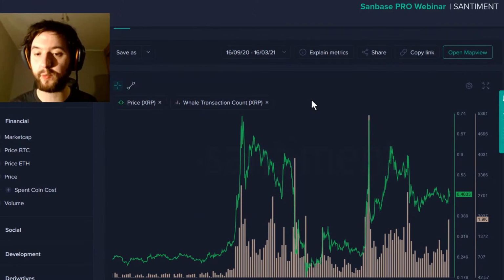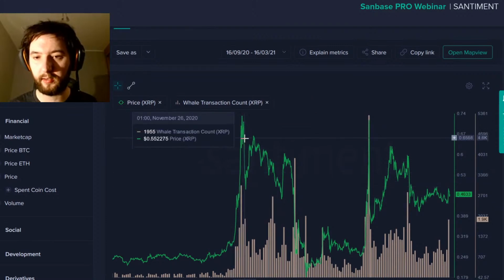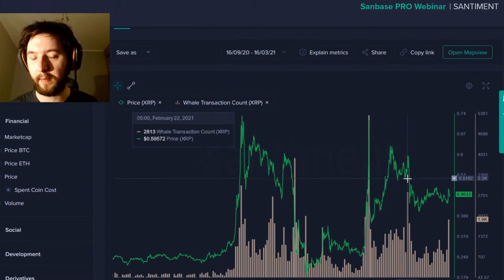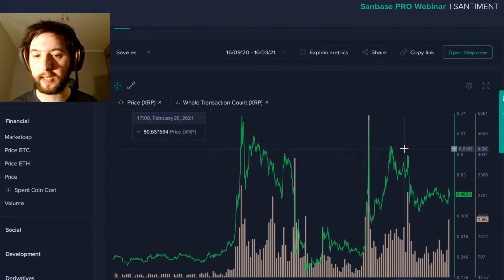But as far as what you can learn from its whale transaction count, you can see a spike here, marking the local top. You can also see a major spike here, during this massive price rally. Another big spike before the initial correction. We even saw it yesterday, the biggest spike in basically 2 weeks before Ripple started to correct.